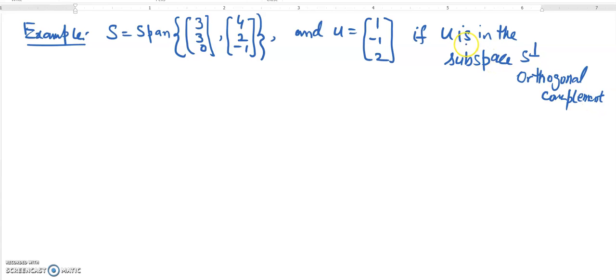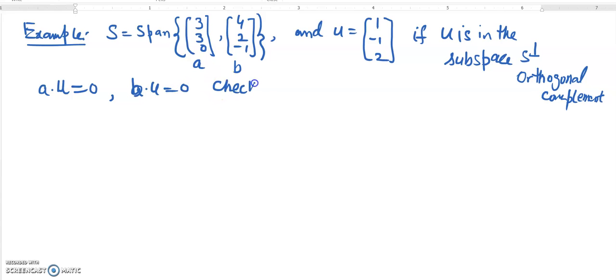So in simple words, it means that this vector U is perpendicular or orthogonal to each of these two vectors. If we say this is vector A and this is vector B, we need to check if A dot U is equal to 0 and B dot U is equal to 0.